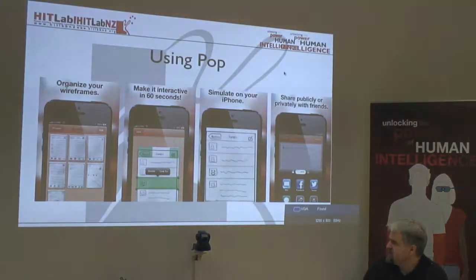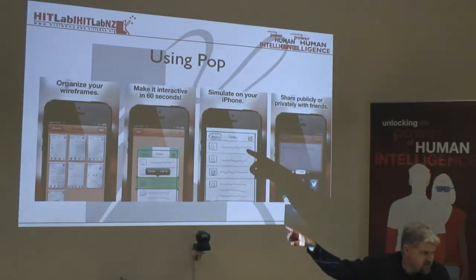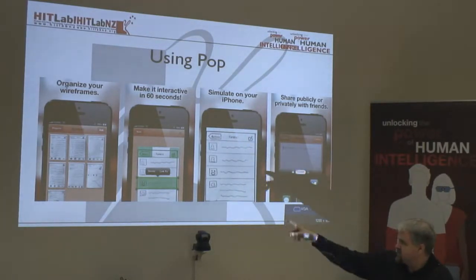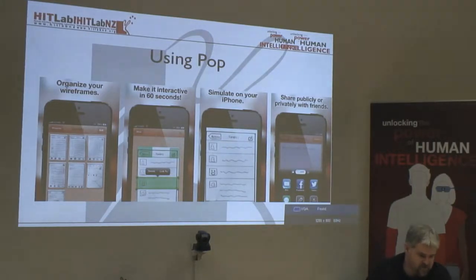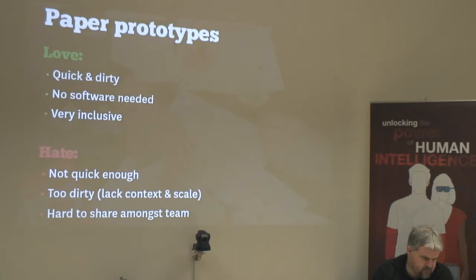So I said in the first assignment, sketch out a user interface. The good thing about paper prototyping is that it's very quick and dirty. Software can be frustrating when trying to express your ideas.